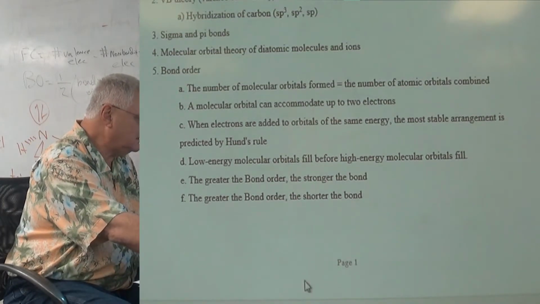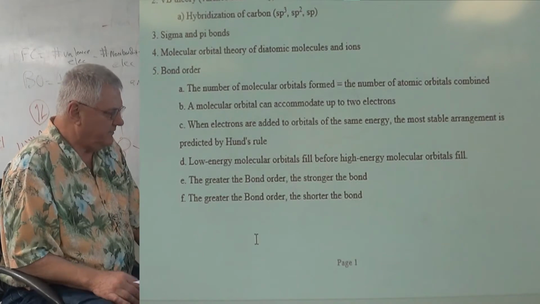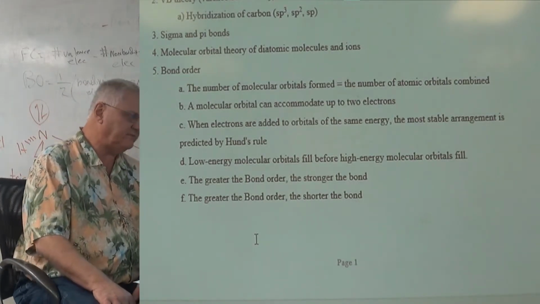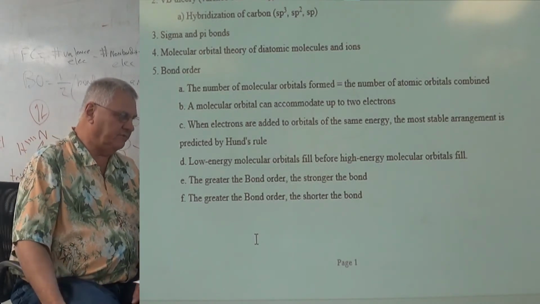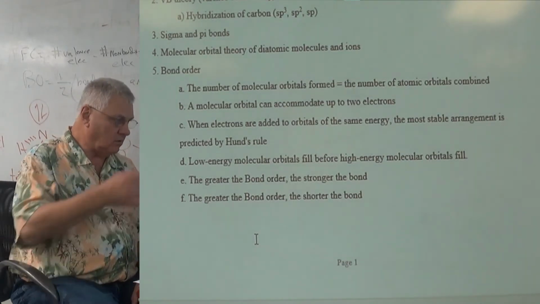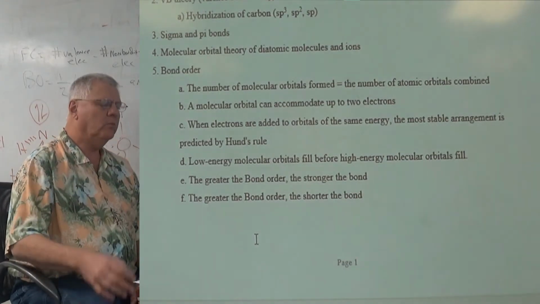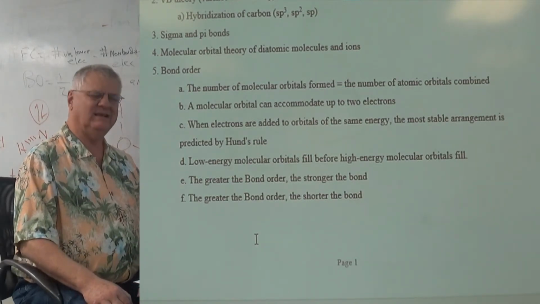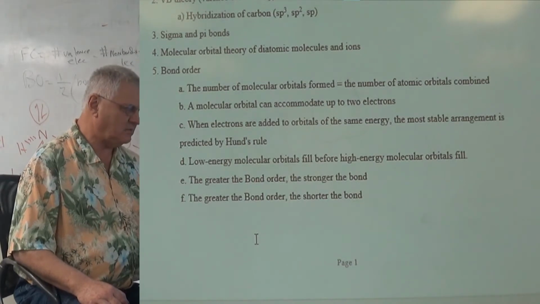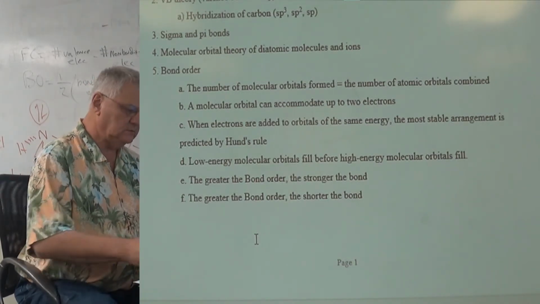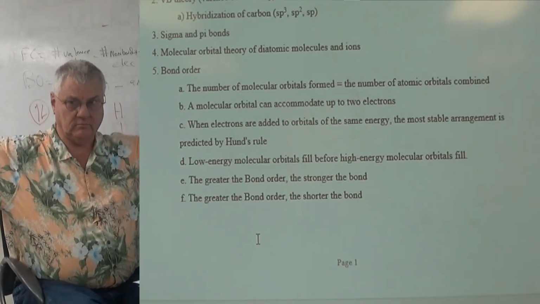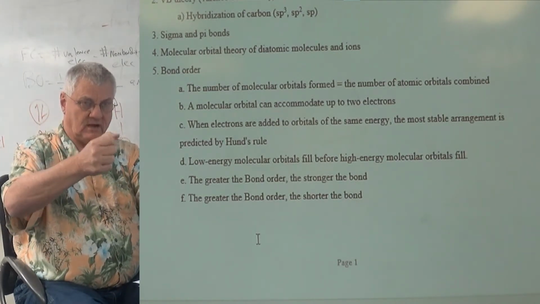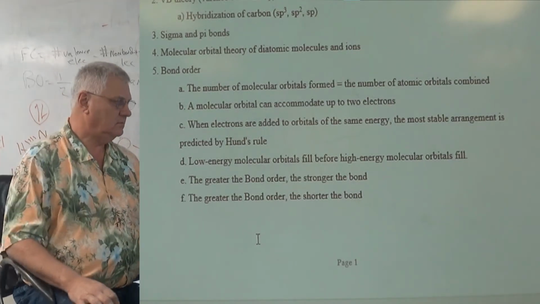So in the last part here, just a summary of stuff, and I don't think I mentioned a couple of these things. You want to know these features involving bond order and molecular orbital theory. In molecular orbital theory, the number of molecular orbitals formed is equal to the number of atomic orbitals that combined. So 2 atoms are bringing their atomic orbitals over, and those atomic orbitals are forming molecular orbitals.